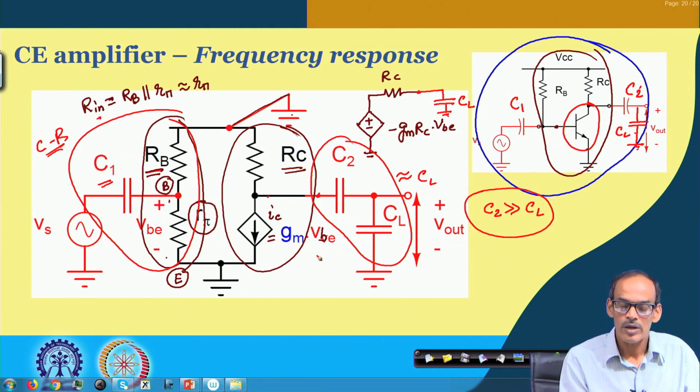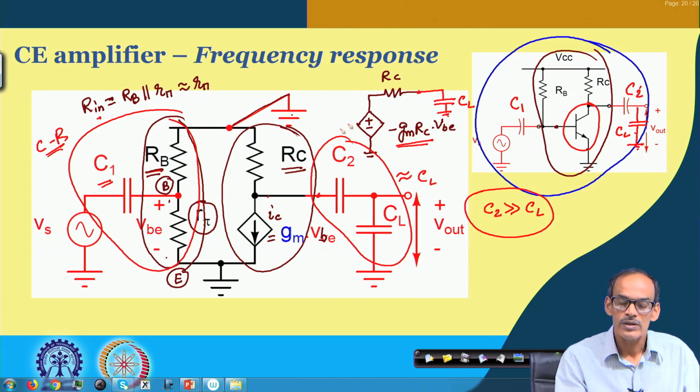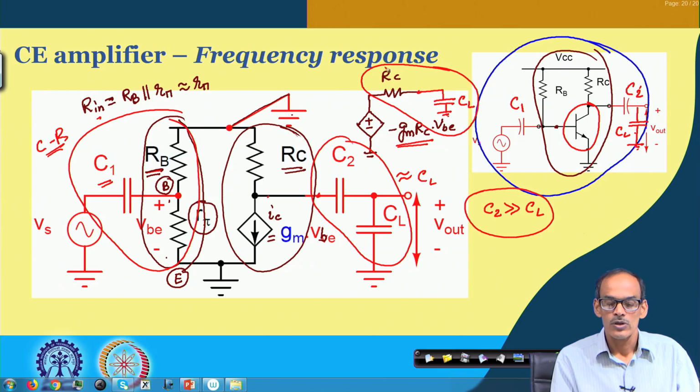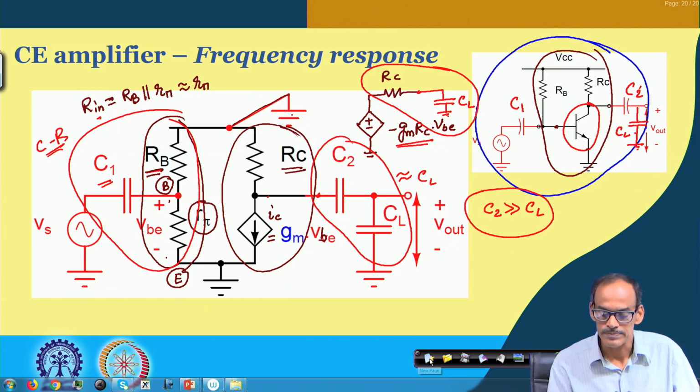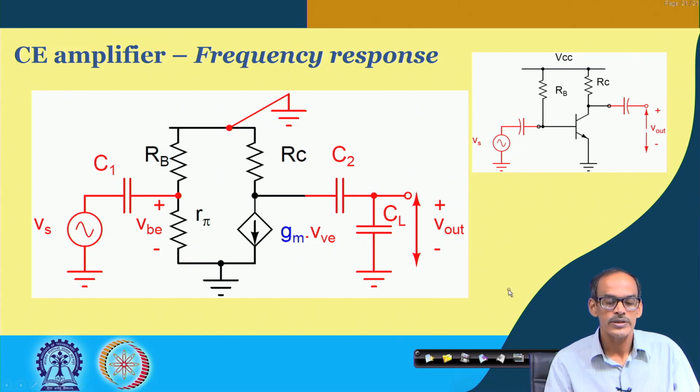In the middle we have the voltage amplifier, with its gain defined by Gm into Rc with a minus sign, and then the next one is the Rc circuit. So, here again we can map this amplifier into the unified model to get the frequency response of the overall circuit. That is what we are summarizing in the next slide.